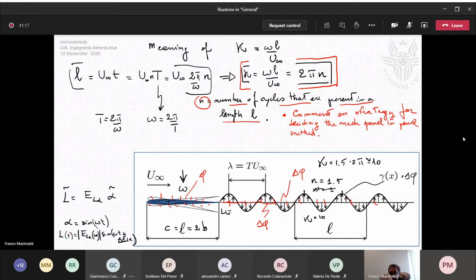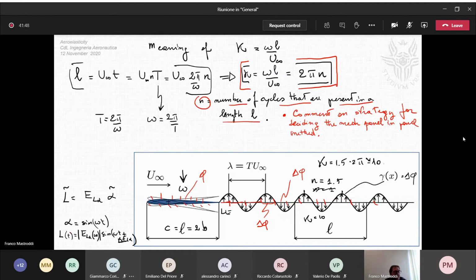You have a harmonic, a wave trend of your quantity on the wake. And you should be able to represent this harmonic variation on the wake. So your mesh, your panel subdivision, should allow you to represent this harmonic representation.